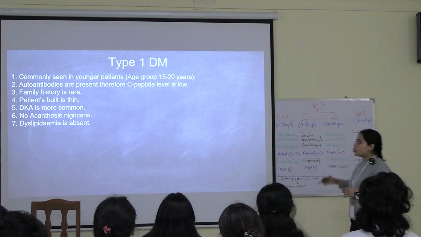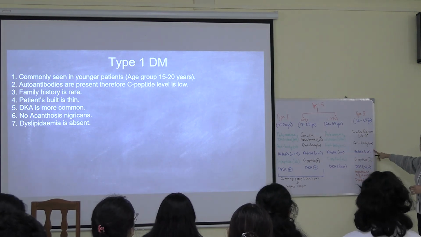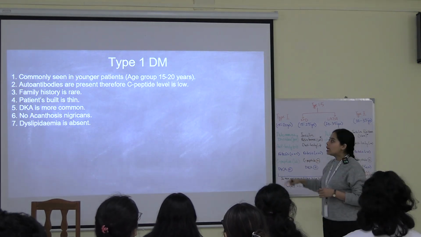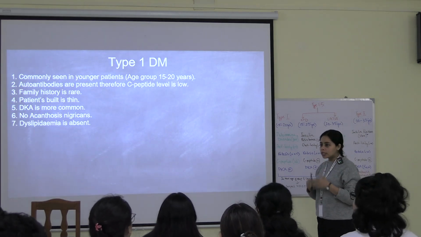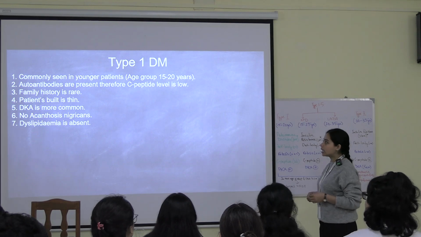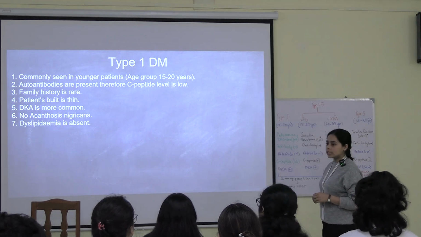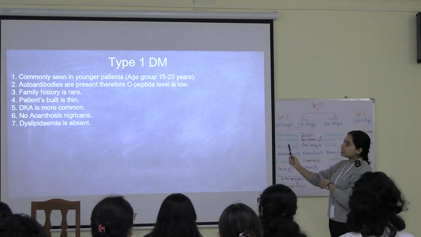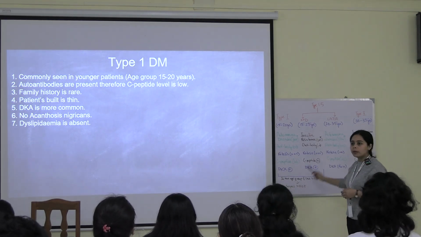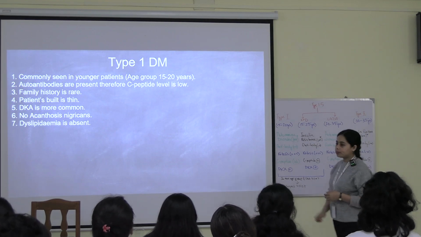DKA is more common. In type 2 the patient's build was obese; in type 1 it is thin. DKA is more common because it is a more severe form of diabetes and the presentation is more severe. No acanthosis nigricans, but in type 2 we had acanthosis nigricans. Dyslipidemia is absent in type 1 but present in type 2.